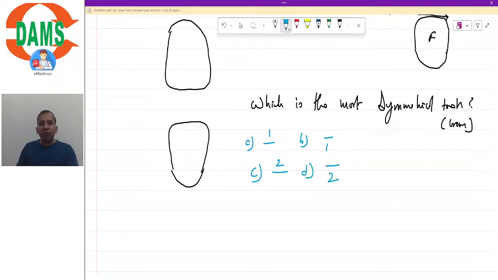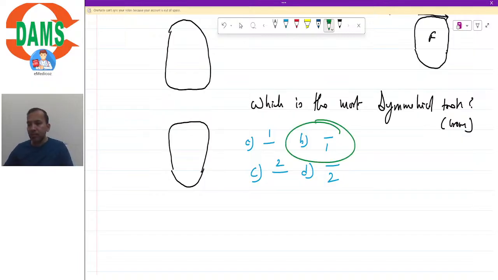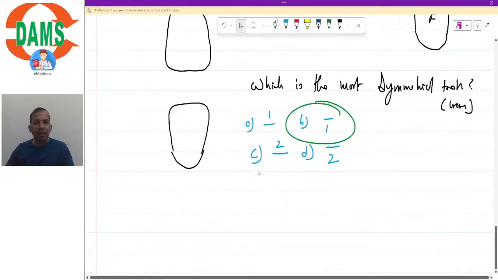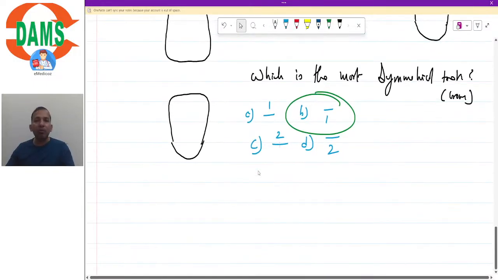Which of these four do you think is the most symmetrical? The correct answer is the lower central. The lower central is the most symmetric tooth. You cannot easily make out whether it is the left or the right mandibular central incisor, isn't it?